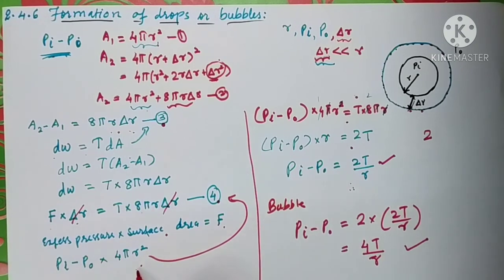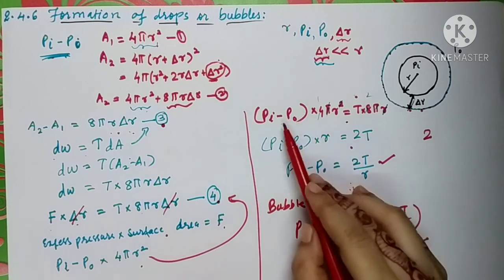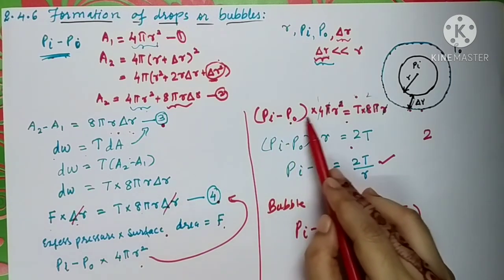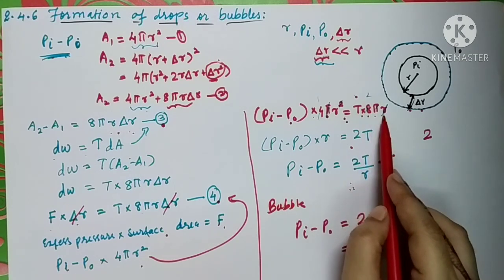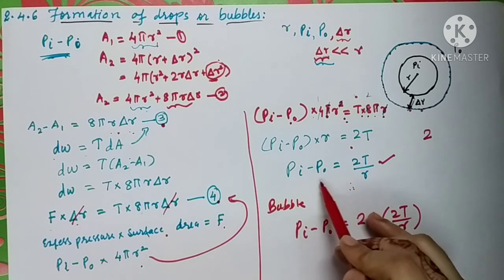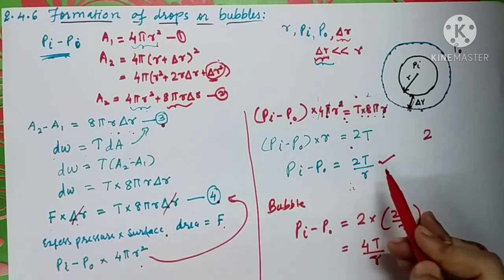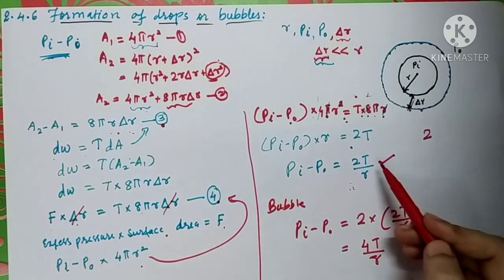Substituting the value of force in equation 4, we are going to get Pi minus Po into 4 pi r square is equal to T into 8 pi r. Cancelling the similar terms, we are going to get Pi minus Po is equal to 2T upon r.